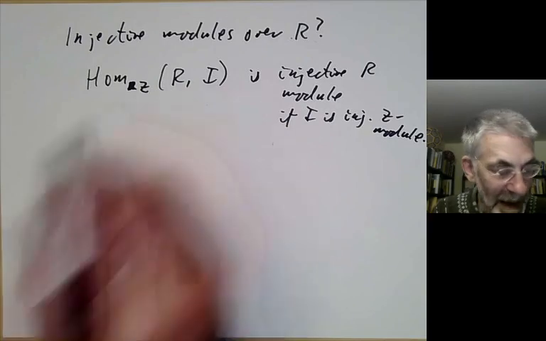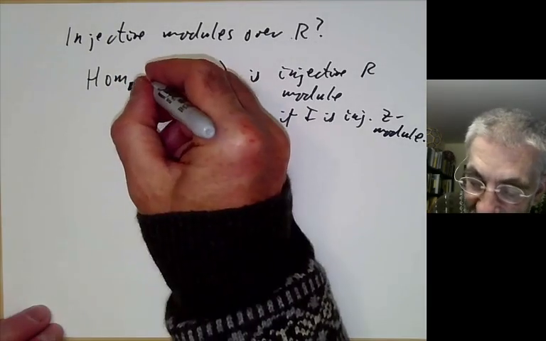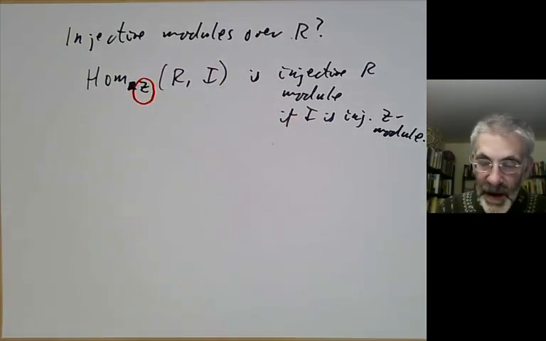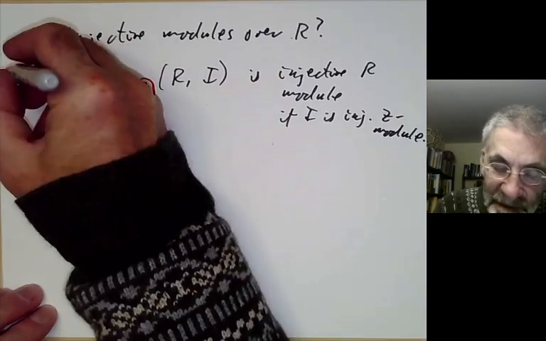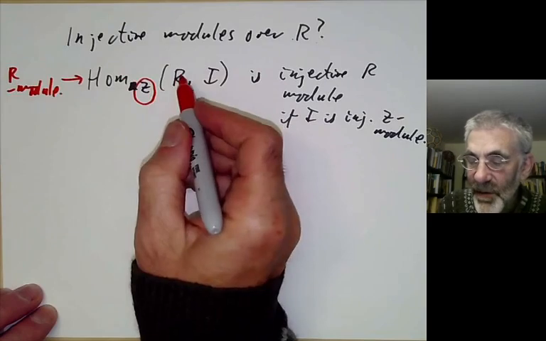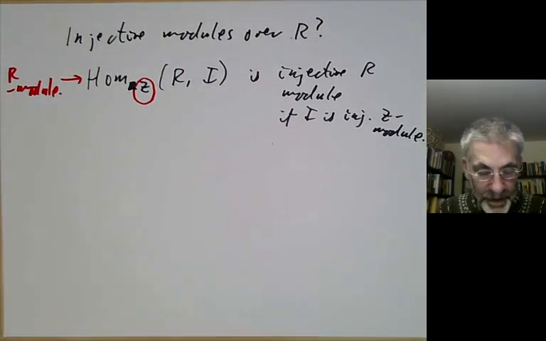And you've got to be rather careful here to make note of what ring you're working over. So here I'm taking the homomorphisms over Z, and I'm thinking of this as being an R module. And we can make this into an R module because R acts on this R bit here.